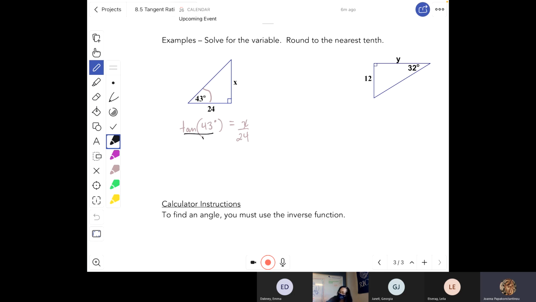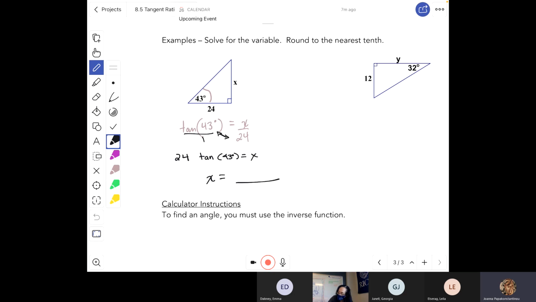I would cross multiply. So if I multiply these two together, I would get 24 times the tangent of 43 degrees equals X. Now, the tangent of 43 degrees is just going to be a number. It's just going to be a constant. And I can multiply that number by 24 to find out the length of X.